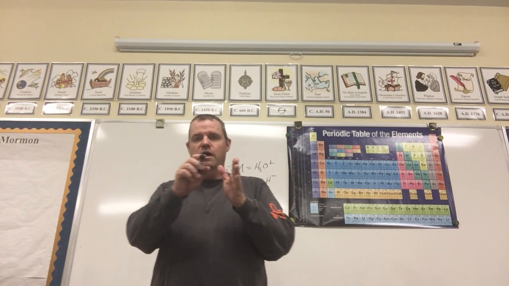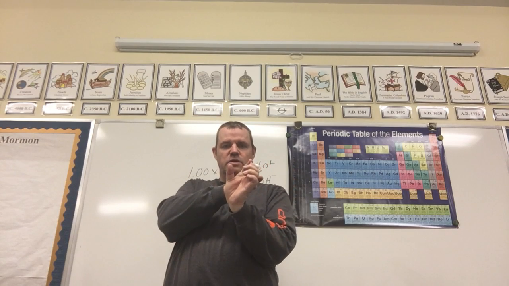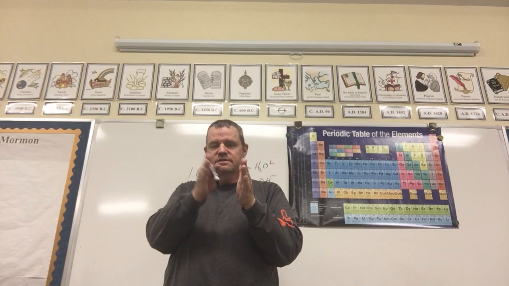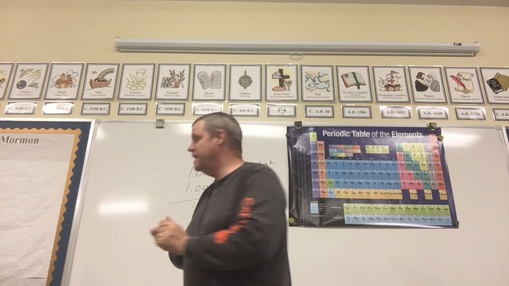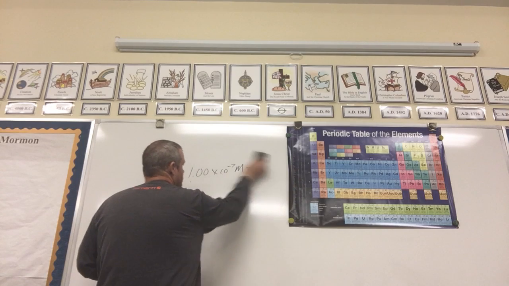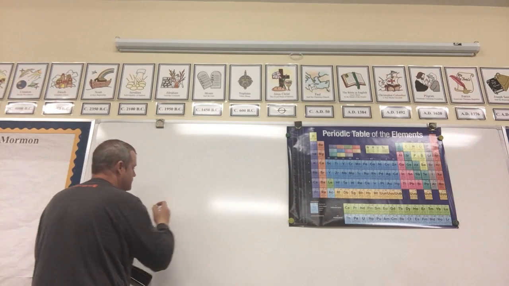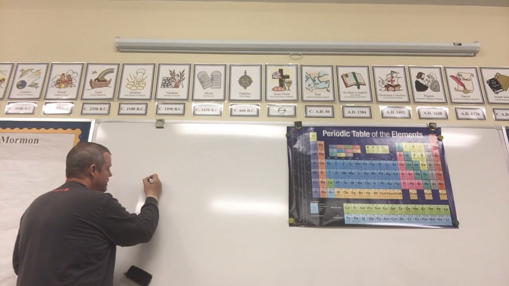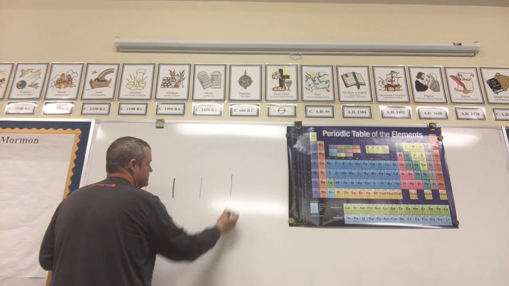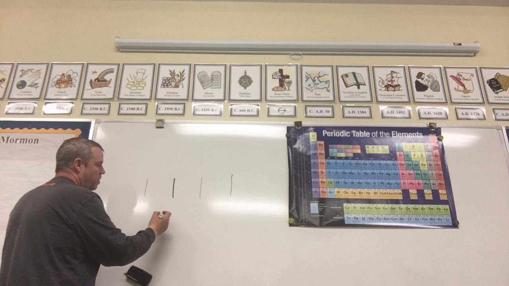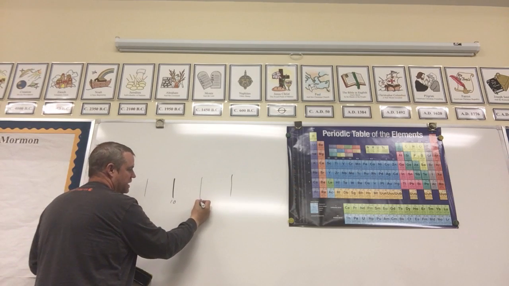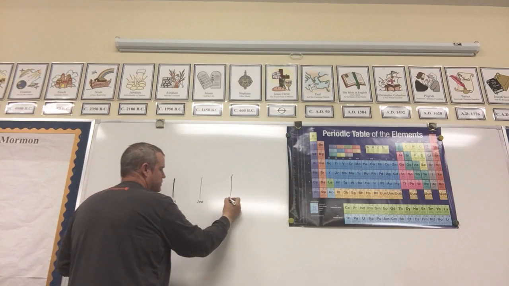So if you were looking on a logarithmic scale, you would have 1 to 10, and then 10 to 100, but this distance on the logarithmic scale would be the exact same. I'll draw it out a little bit. Starting right here, I'm going to do some fairly equal spacing as close as I can. If this is 10, then this would be 100, and this one would be 1000.